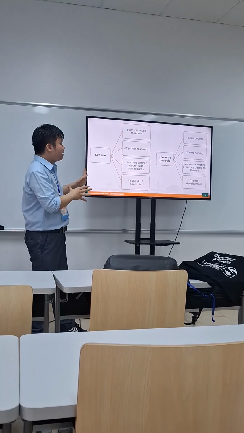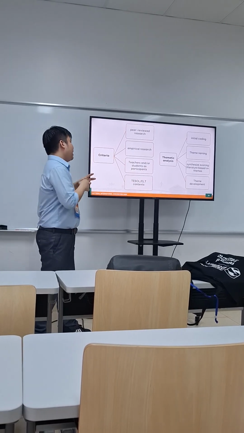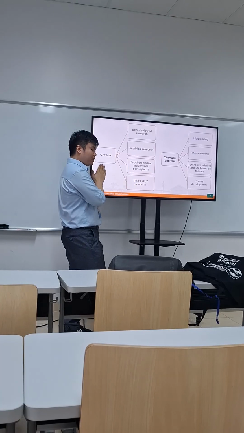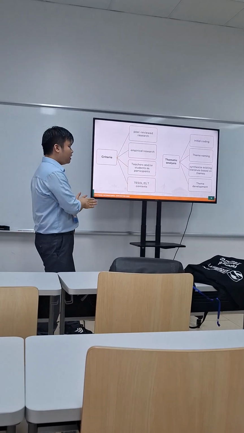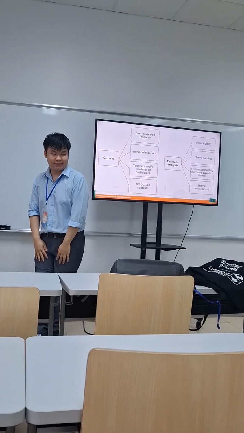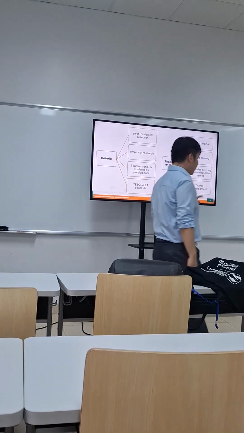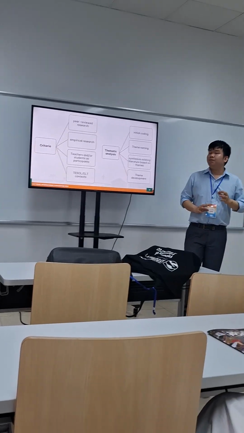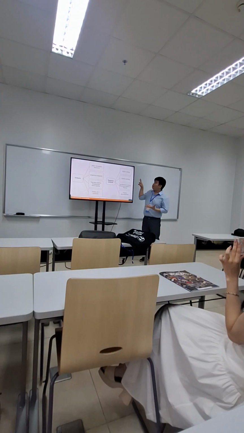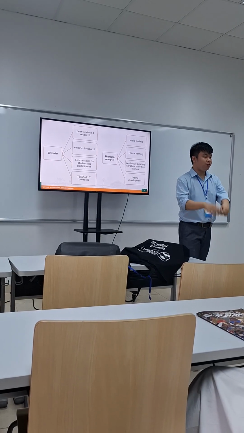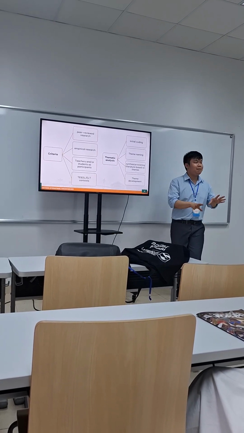And it must be empirical, and it must include teacher and student participation, and the context of the paper must be in TESOL or ELT context. How about this one? We apply thematic analysis to answer the research question, and we have the steps. First one, we will have the initial coding. Next, we will do theme naming.